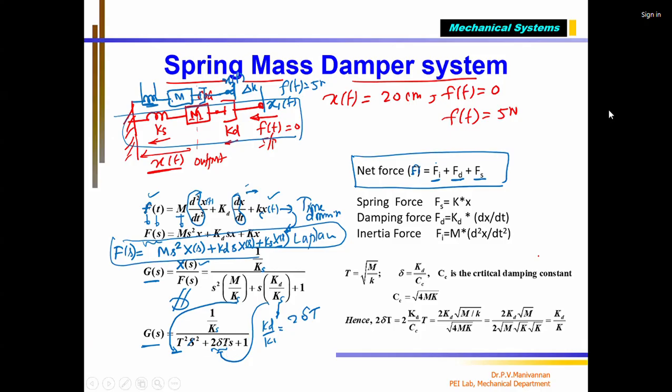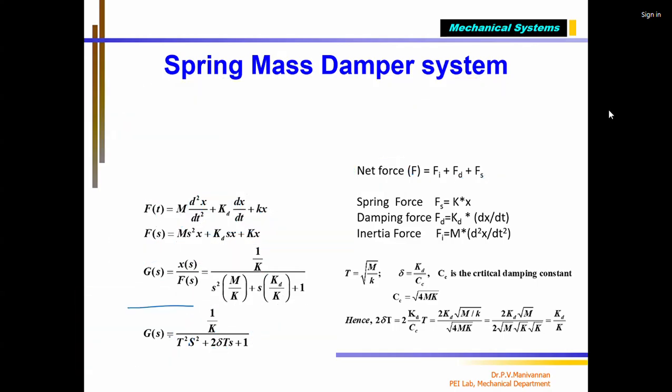Now that we have the complete transfer function, what is T? T is called the time constant of the system. Note down: the time constant of the system is T equal to root of m by k, and delta is called the damping ratio.